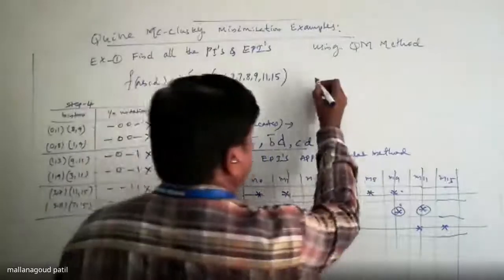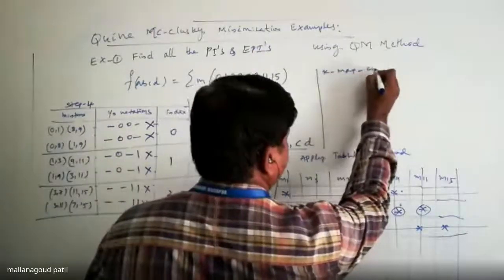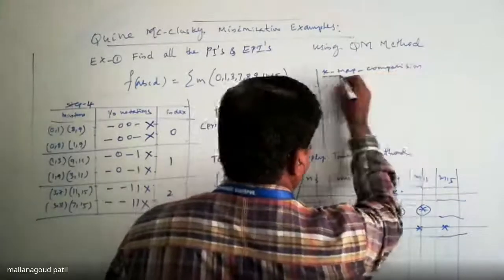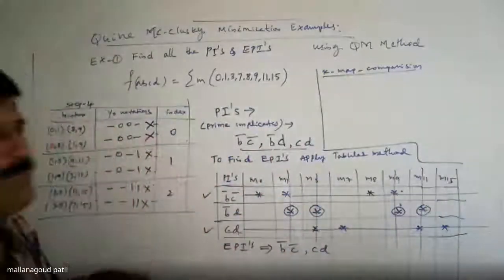Then I am going for K-map comparison. I am drawing a 4-bit K-map.